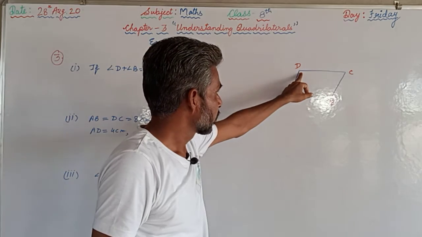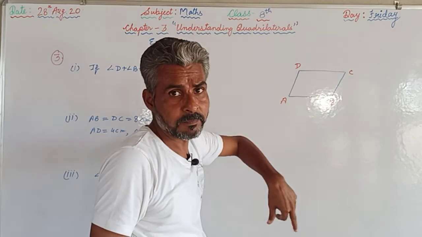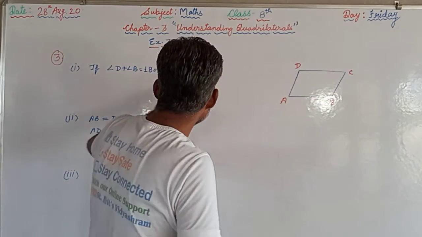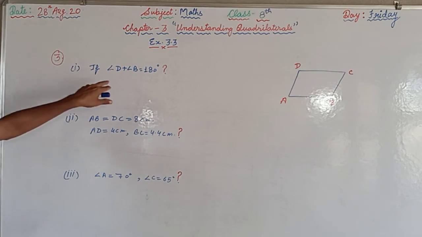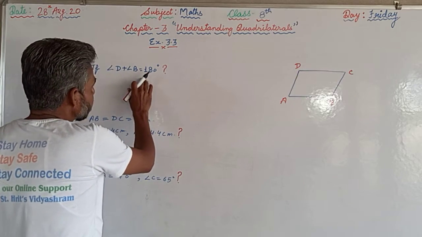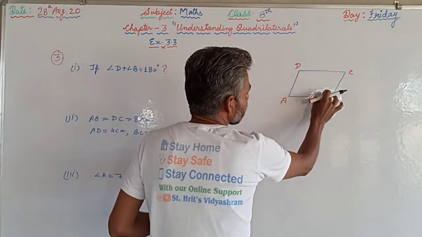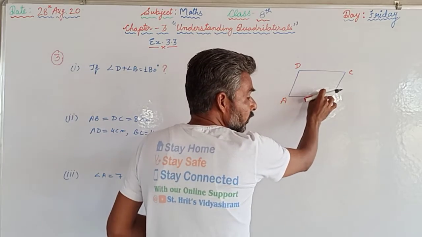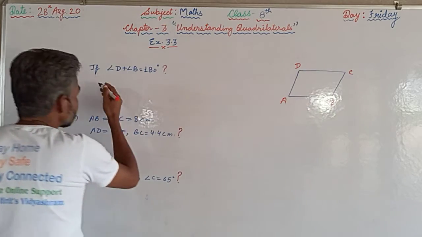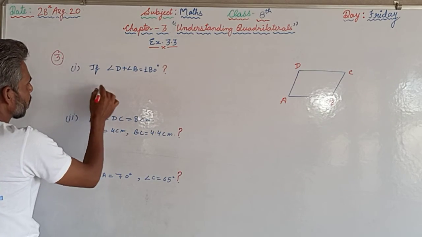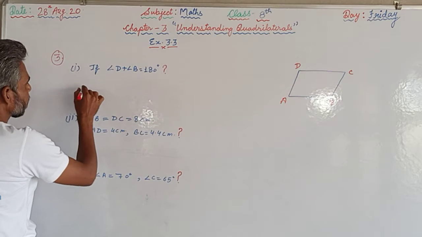So here that will not be a parallelogram, because the opposite angles should be equal. In this case each and every angle will be equal, if angle D plus angle B is equal to 180, but these are the opposite angles of a parallelogram, that will be equal. In this case that will be a rectangle.